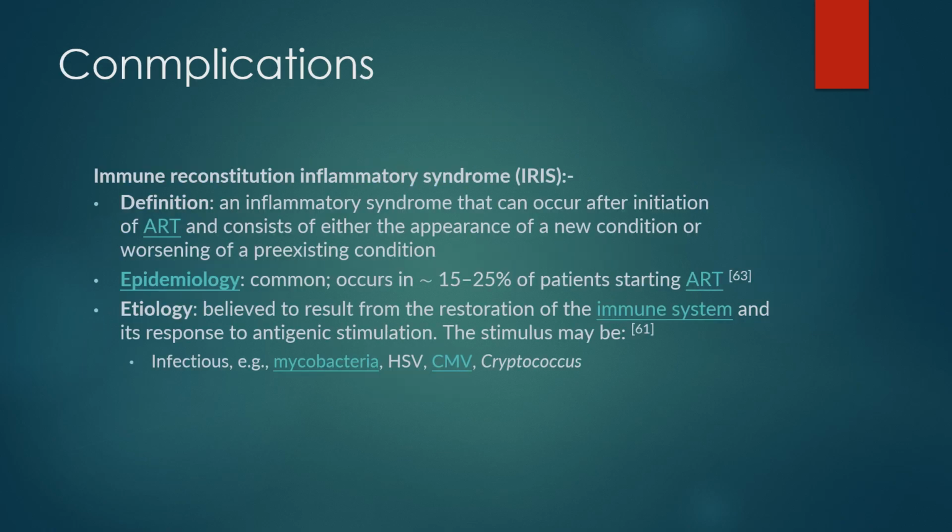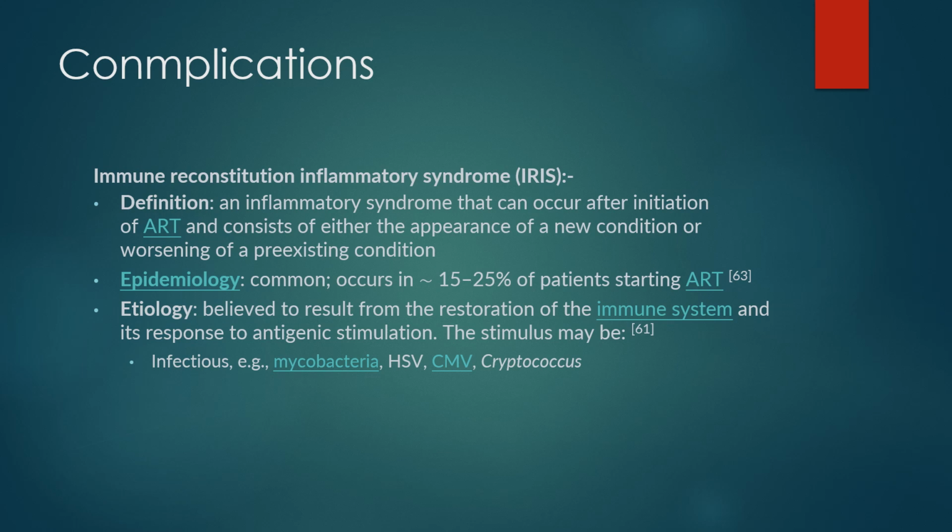So now, lastly, the complications. The complications are various and dangerous, and one of them is immune reconstitution inflammatory syndrome. The definition is an inflammatory syndrome that can occur after initiation of ART and consists of either the appearance of a new condition or worsening of a pre-existing condition.